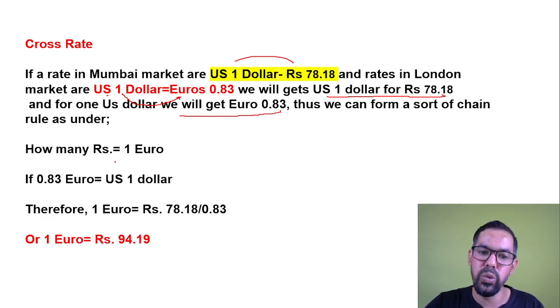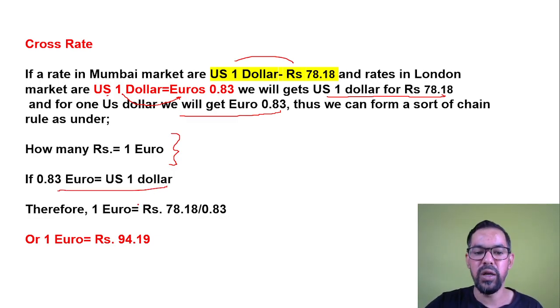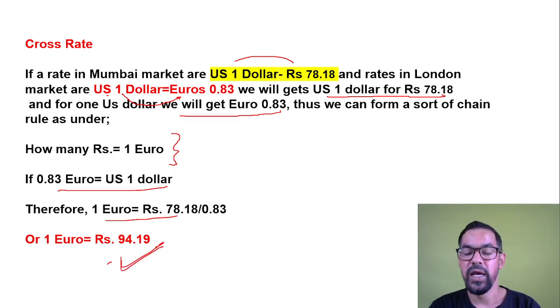So how many rupees equal 1 euro? How will you calculate this? If 0.833 euro equals 1 dollar, then 1 euro equals 78.18 divided by 0.833. So your answer will be 94.19.